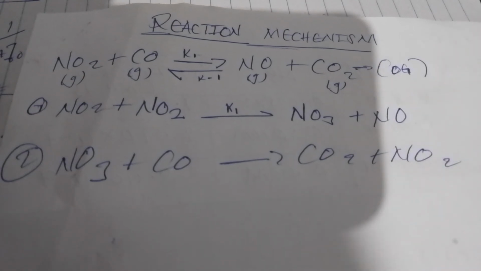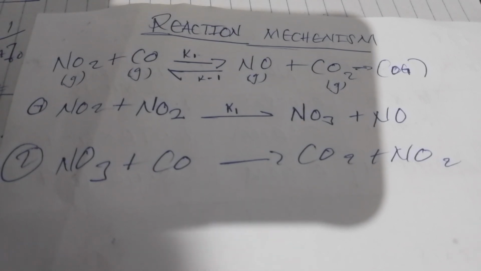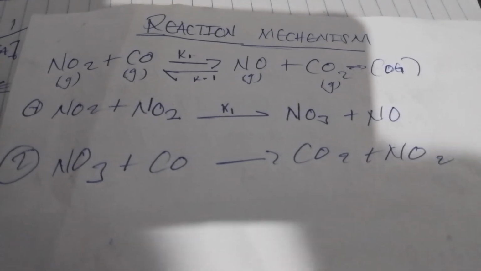Not only that, we also have collisions in reaction mechanism. That's what we call molecularity. Molecularity is one of the properties that describe unimolecular and bimolecular terms of a reaction mechanism. So what do we mean if we say that?